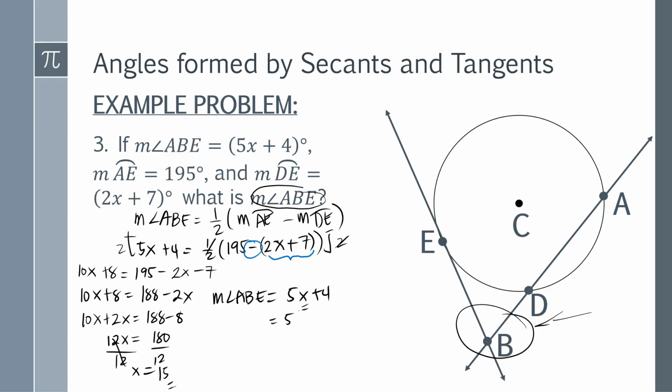So therefore, 5 times 15 plus 4, which is 15 times 5, and you get on the calculator 75, plus 4. So 75 plus 4, therefore, the measure of angle ABE is now 79 degrees. I hope that you get this theorem.